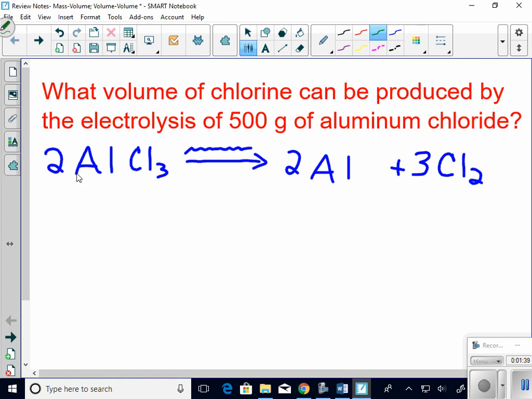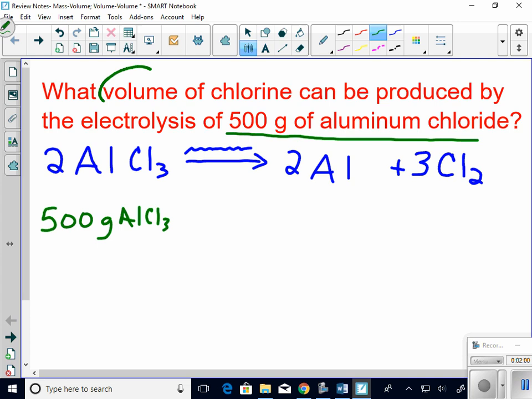Looking at the problem, I've been given 500 grams of aluminum chloride. So I'm going to start with 500 grams of aluminum chloride. I am trying to find the volume of chlorine.